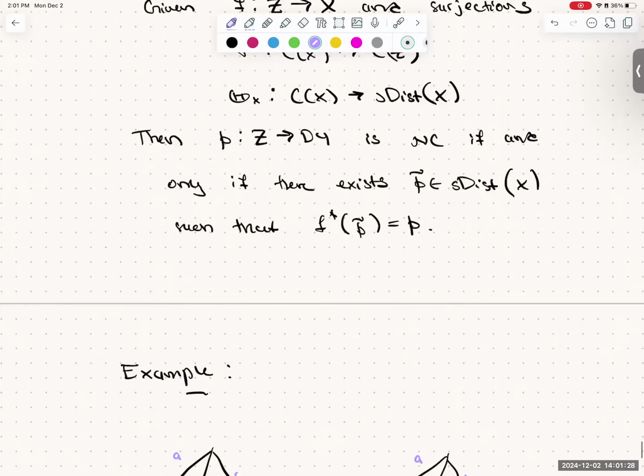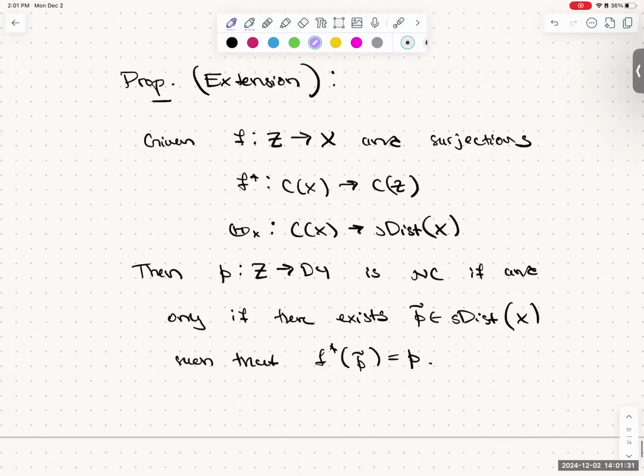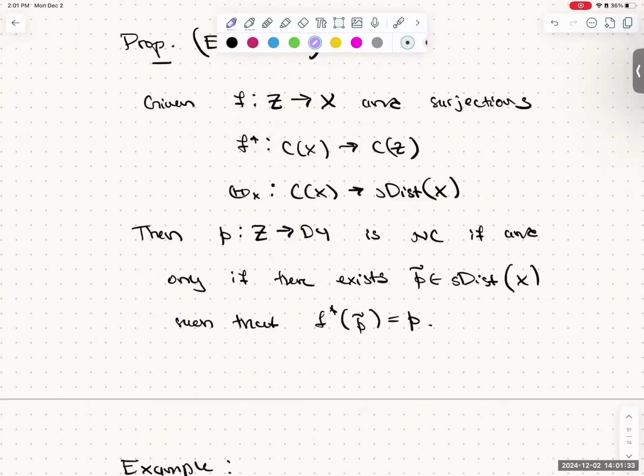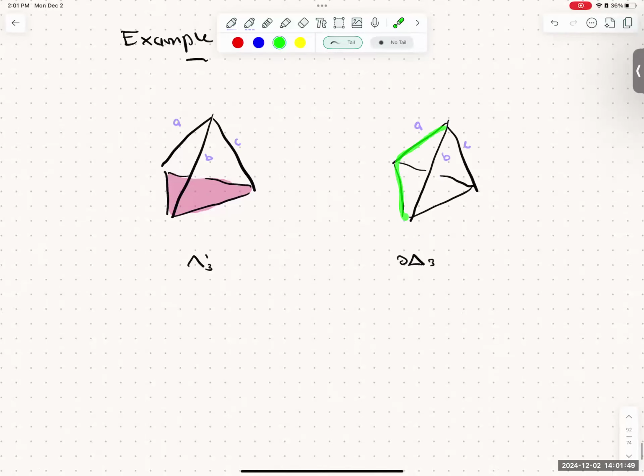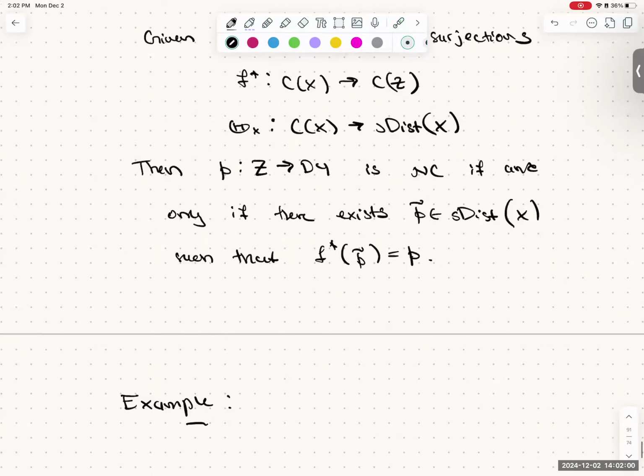In fact, they're just bijections in this case. And we independently proved in the paper, just through a computation, that the boundary of delta 3 is in fact non-contextual. So that's the second ingredient there.